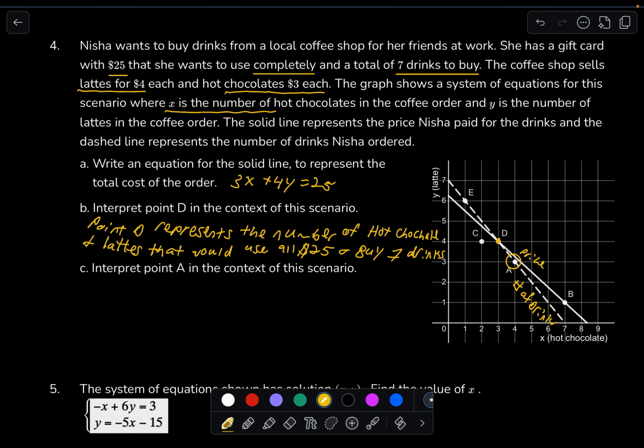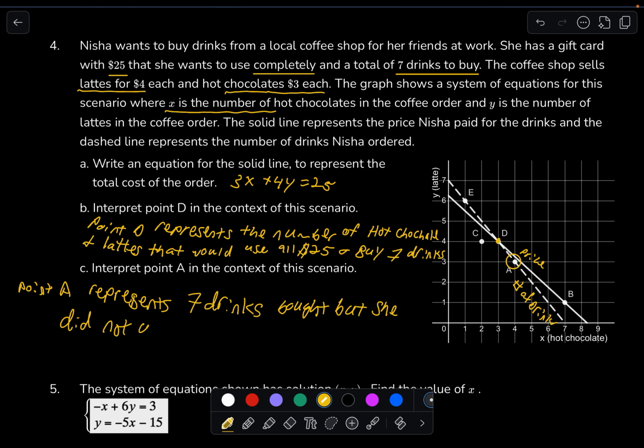So point A represents, maybe I should say, point A represents 7 drinks bought, but she did not use all $25.